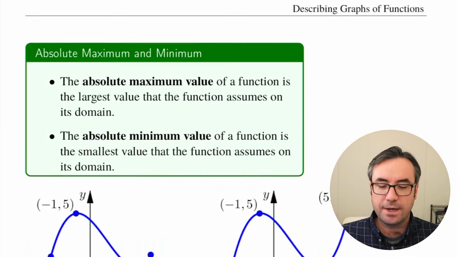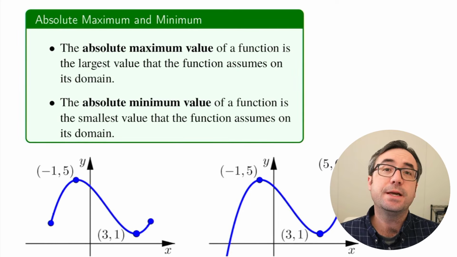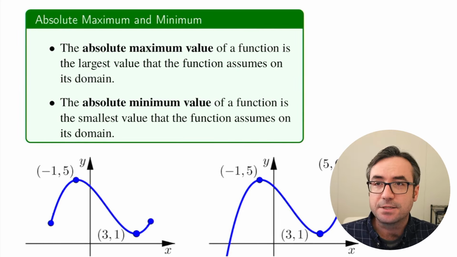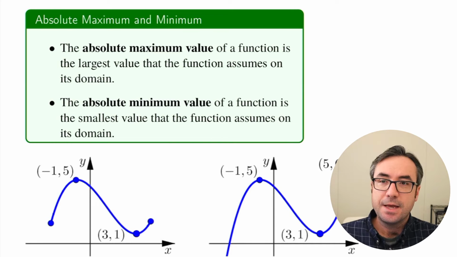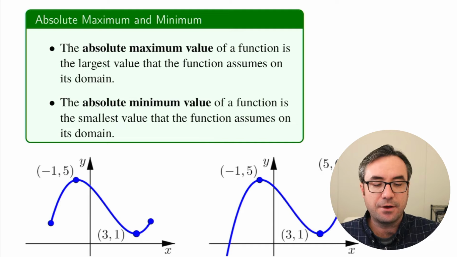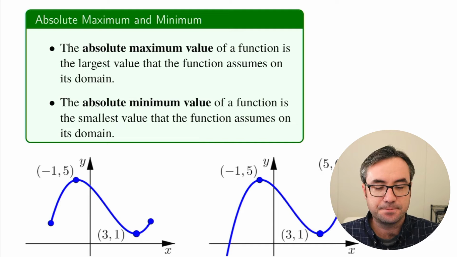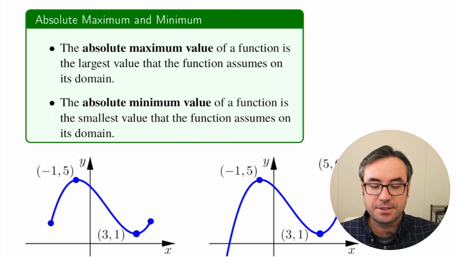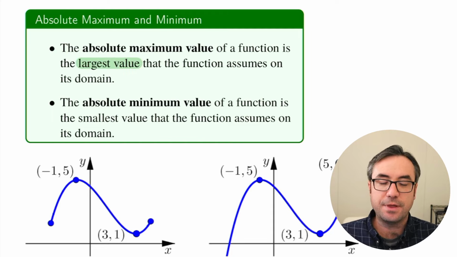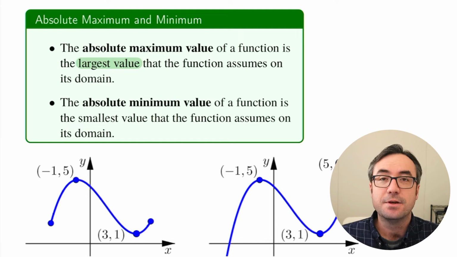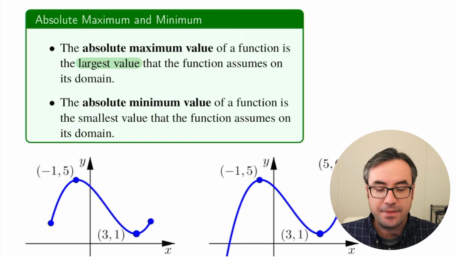What can also happen is we can have absolute maximums and absolute minimums. This is the largest or the smallest value our function ever takes. An absolute maximum is the largest value that our function ever takes on its domain, and the absolute minimum is the smallest value.